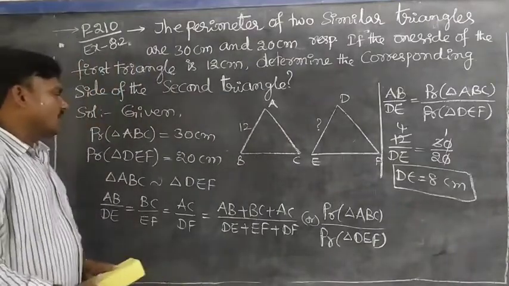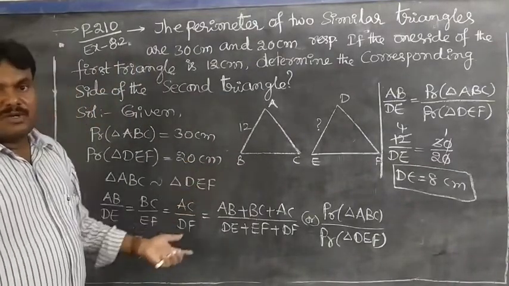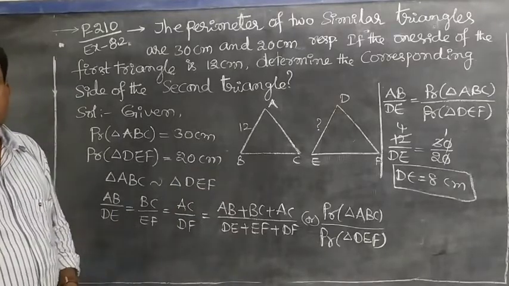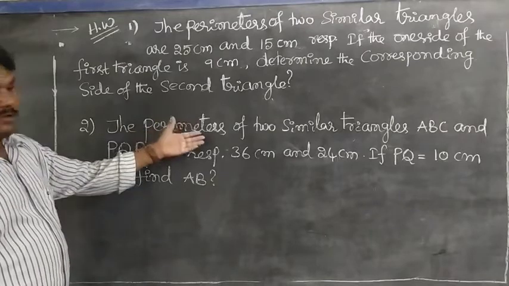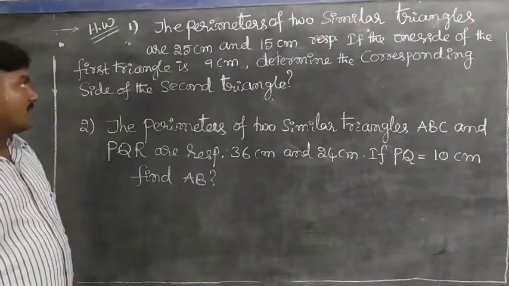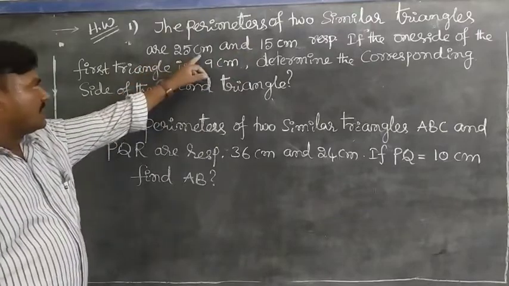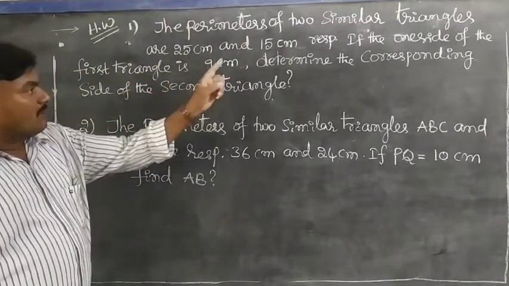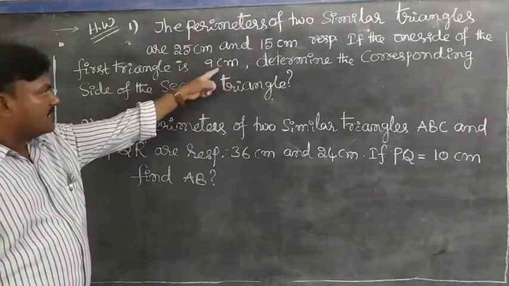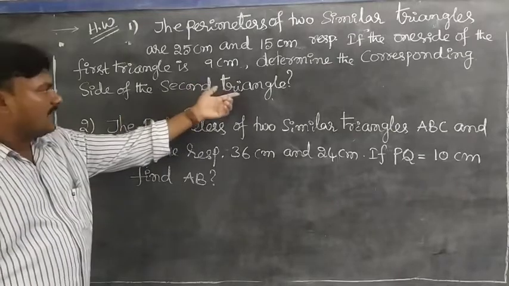Okay, observe the solution, students, solve it carefully and practice it. I gave homework problems. Yes, observe students, I gave 2 homework problems. First one is: the perimeters of 2 similar triangles are 25 centimeters and 15 centimeters respectively. If one side of the first triangle is 9 centimeters, determine the corresponding side of the second triangle.